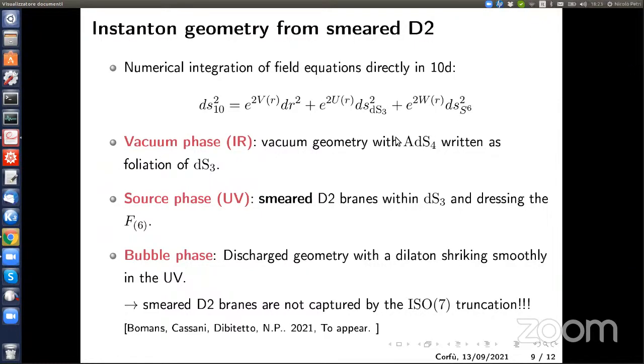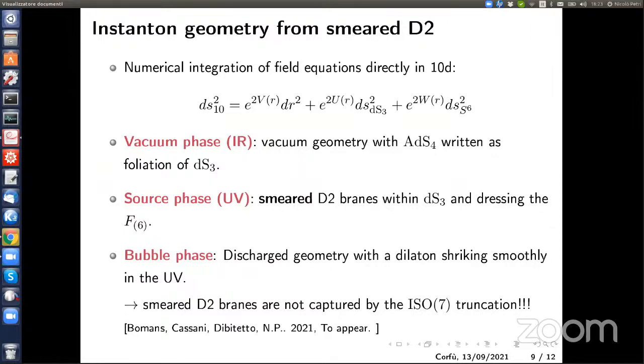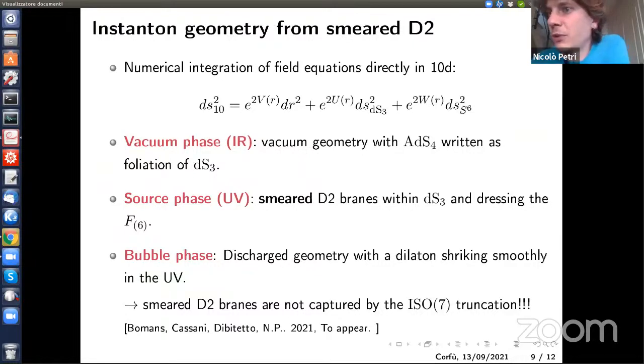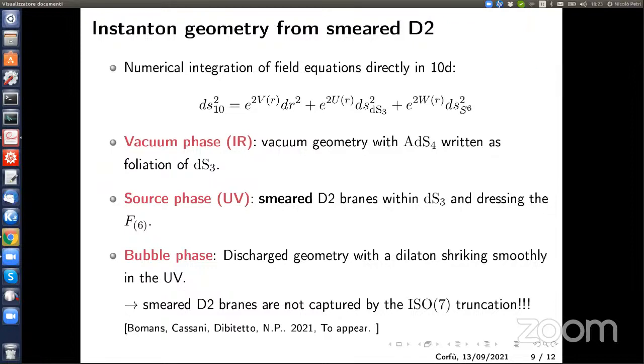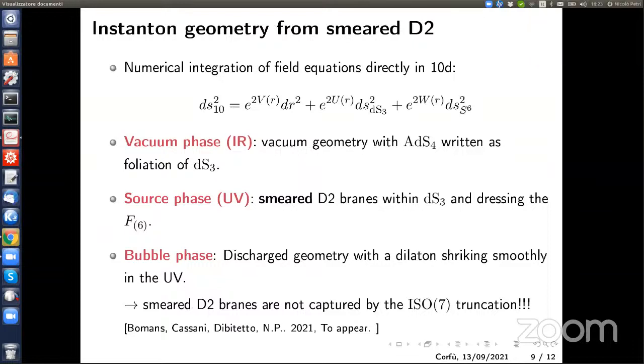This would translate into dF6 being something different from 0. Exactly, because otherwise you would obtain, using the Stokes theorem, that the 6 flux is 0. This direction R is non-compact, is that correct? Yes, of course. Good. Perfect. Thanks very much.